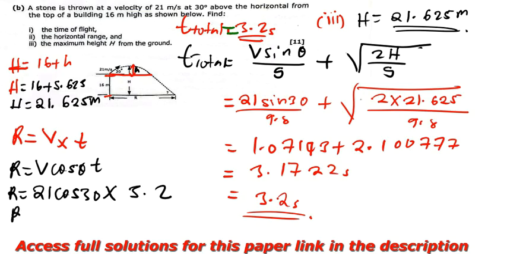So the range will be equal to 21 cos 30 times 3.2. What I'm finding here is 58.19. So I can just say 58.2 meters being equal to my range.